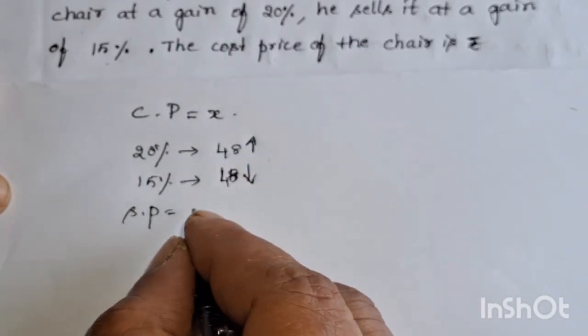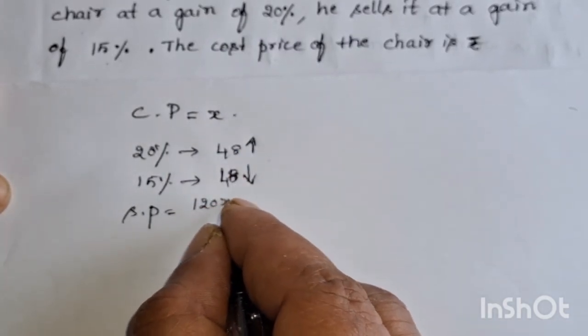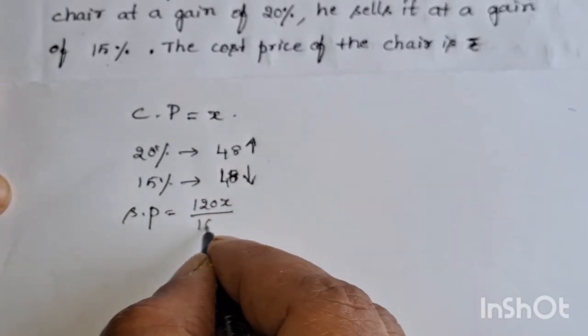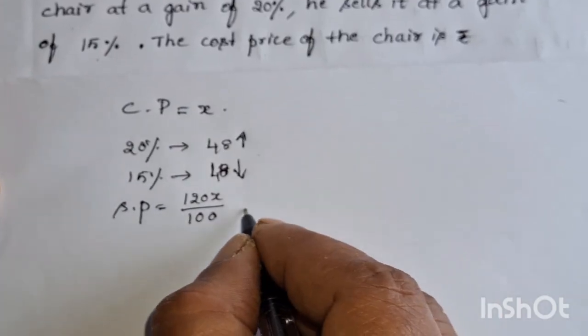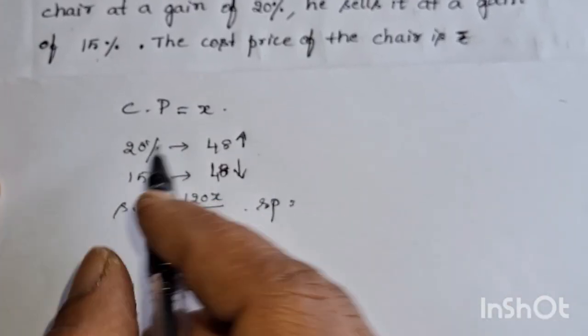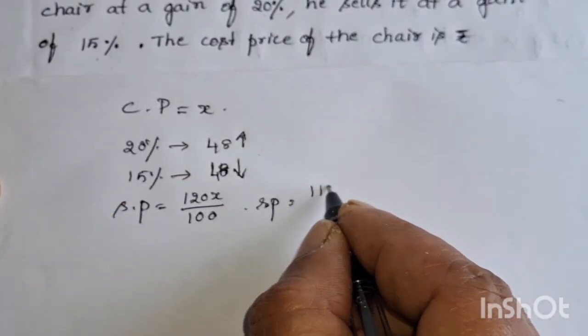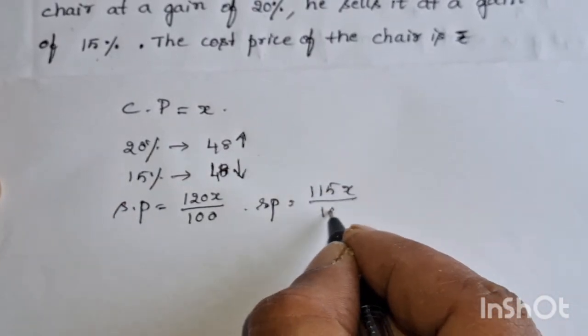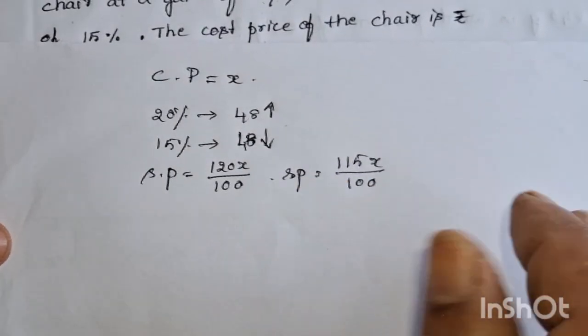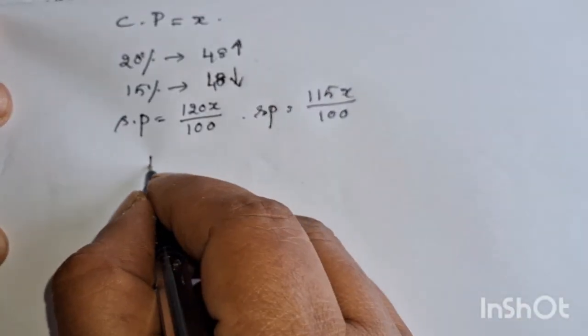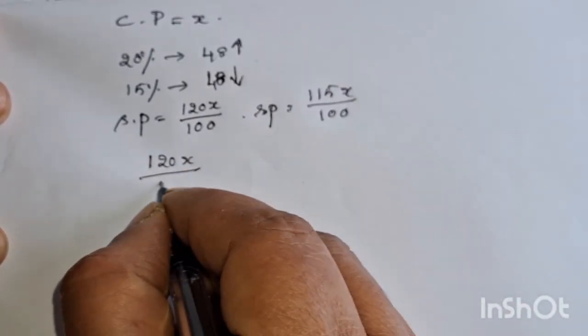Selling price at the 20% gain is 120, that is 100 plus 20, is 120x over 100, and selling price at the 15% gain is 115, that's 100 plus 15, x over 100. We find the difference between these two.